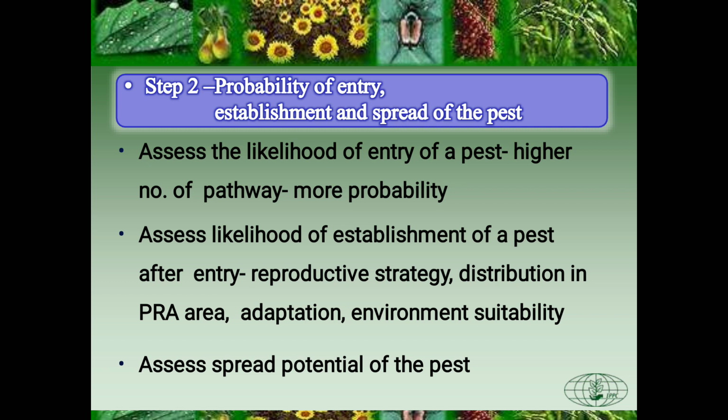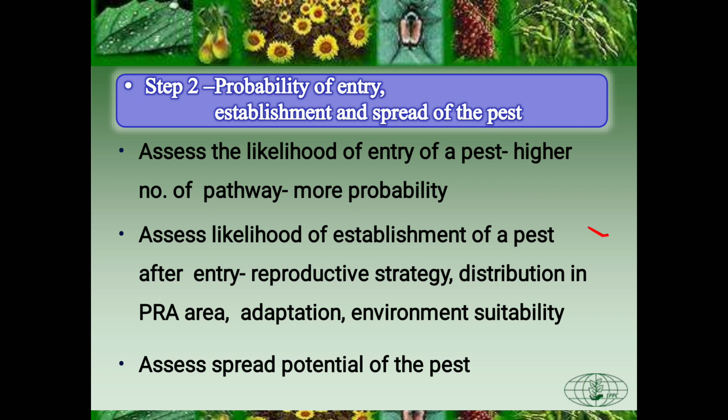In that, we assess the entry of the pest, that is, we discuss from which pathway the pest enters. If there are more pathways for that pest, there are more chances for the entry of that particular pest. So we can assess the probability of different pathways of entry of that pest.